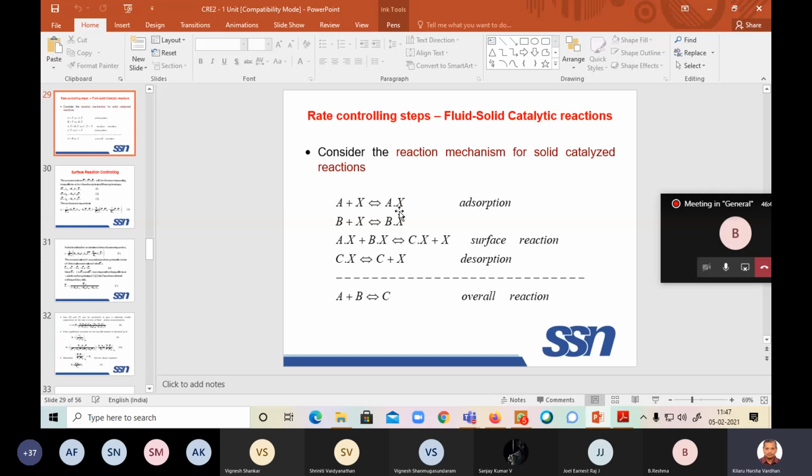That unknown intermediate should be eliminated. That is the main concept. So you eliminate it and then you will get the final form of the equation, and then in that you put one particular thing as controlling, then it will become very simple. Okay, that is the crux of this Langmuir-Hinshelwood kinetics.